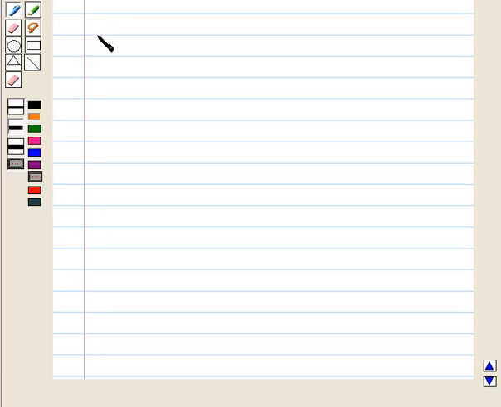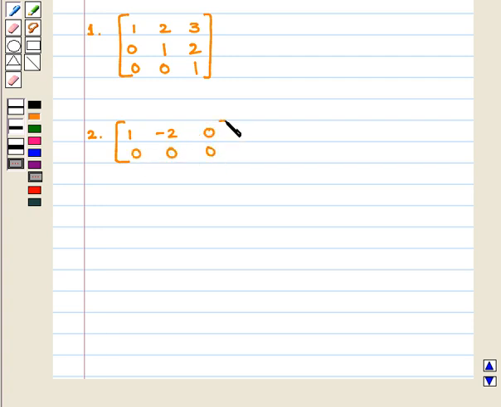Let us see the following matrices. First, the matrix containing elements 1, 2, 3 in the first row, 0, 1, 2 in the second row, and 0, 0, 1 in the third row. The second matrix is the matrix containing elements 1, minus 2, 0, 0, 0, 0.